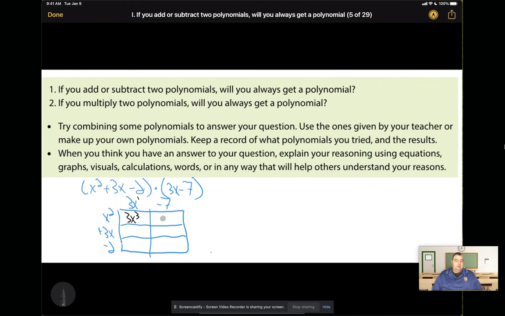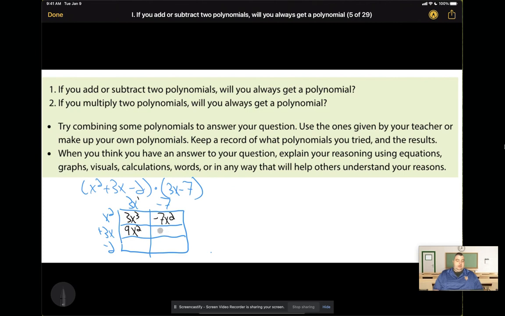Okay, over here, this is going to be negative 7 times x squared. So that's going to be a negative 7x squared. Okay, over here, I have 3x times 3x. So 3 times 3 is 9. And x times x is x squared.